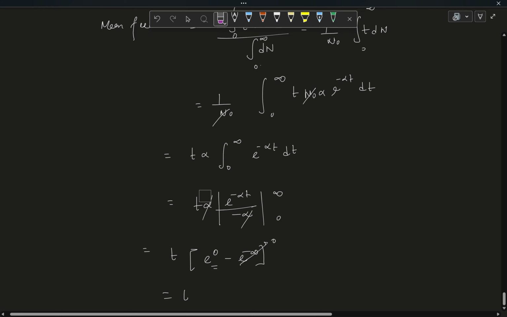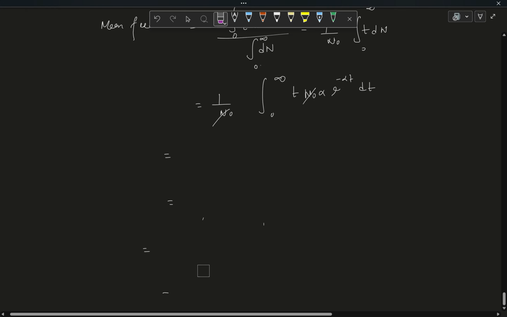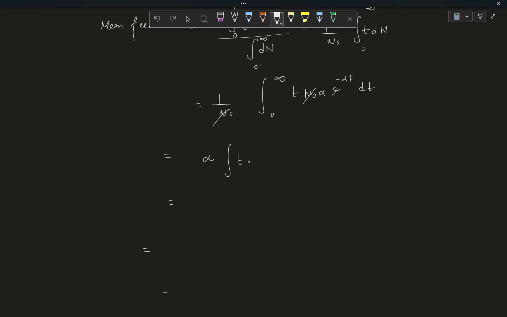I have to basically integrate over time also, that I had missed out here. That is why we are getting time back in the expression, which it should not be. So let us correct ourselves. This is alpha times t e to the power of minus alpha t dt, t going from 0 to infinity, so the integration is now in terms of t only.